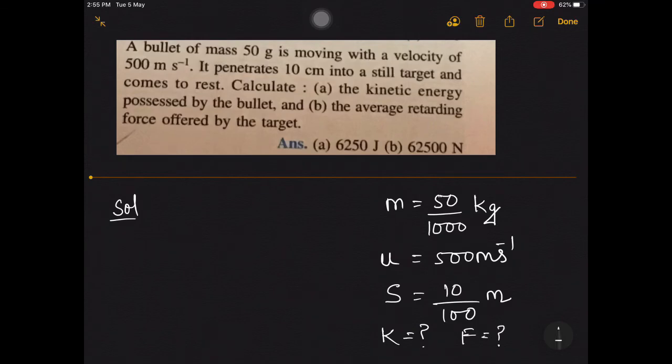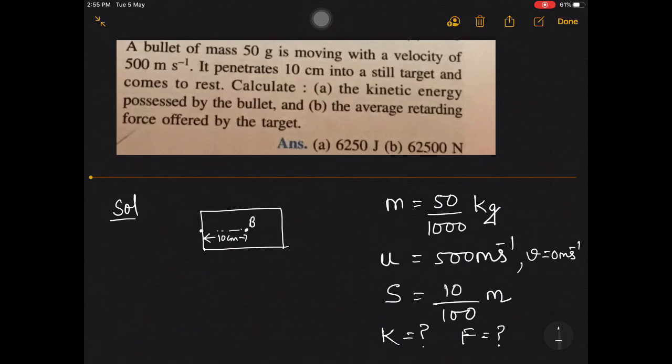Now see, I am drawing a rough diagram. Say this is your target, the bullet hits the target here, and after say traversing a distance of 10 centimeter, say at this point B, it is coming to rest, means your final velocity is 0, right, it is coming to rest, so final velocity is 0.